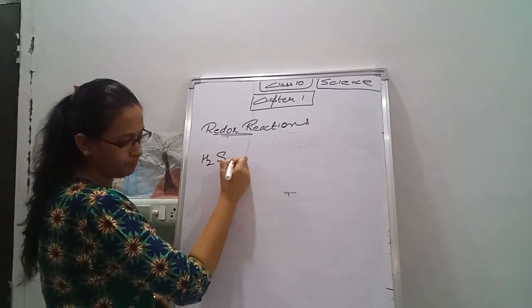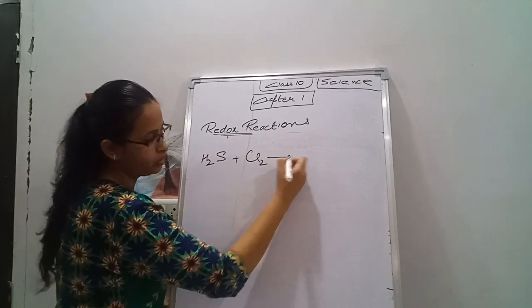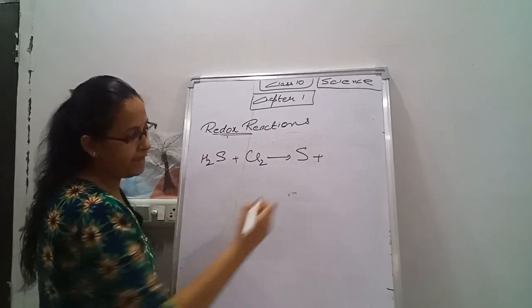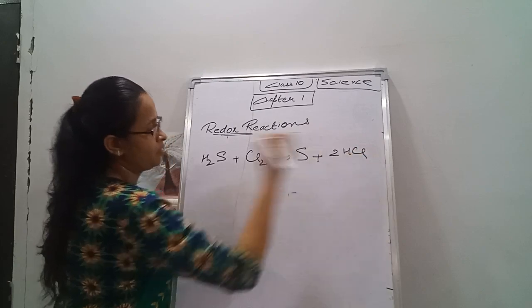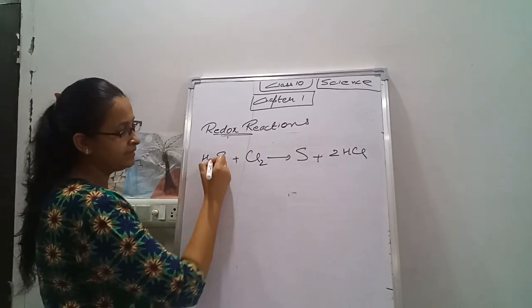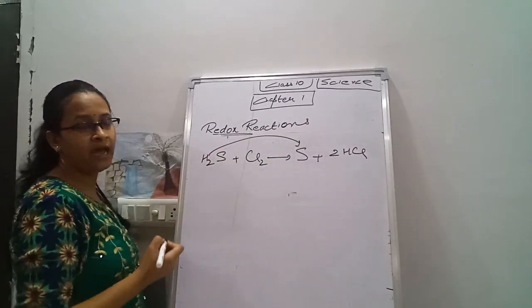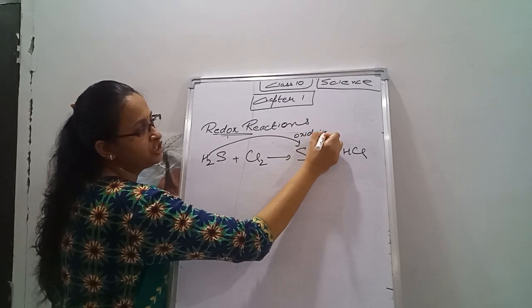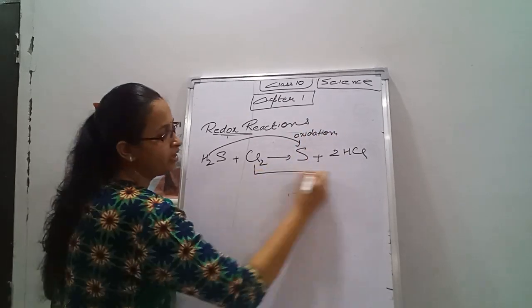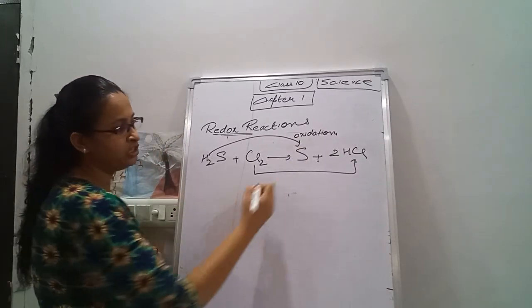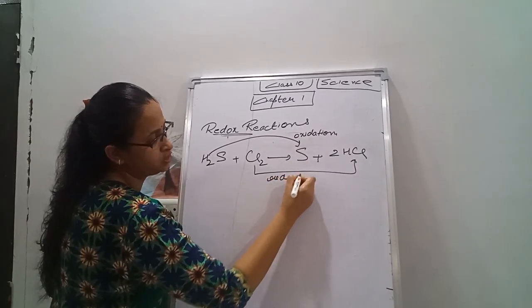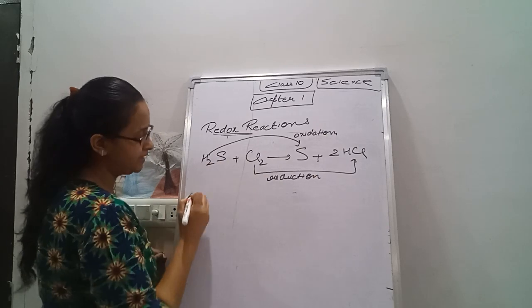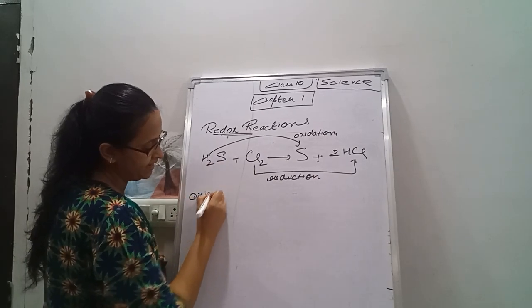Hydrogen sulfide plus chlorine gives you sulfur plus HCl. Now we are seeing that hydrogen is removed. When hydrogen is removed, it is an oxidation reaction, and when an element is gaining hydrogen, it is a reduction reaction. What is the oxidizing agent?